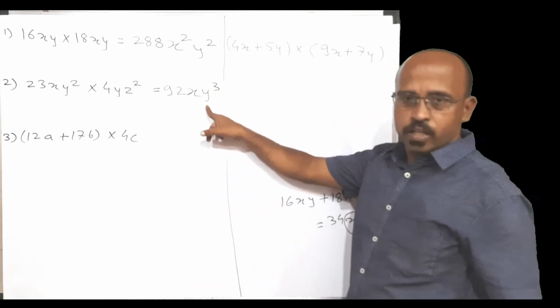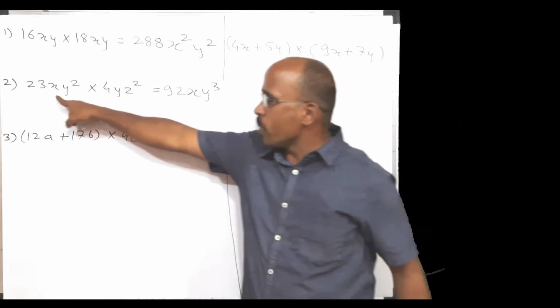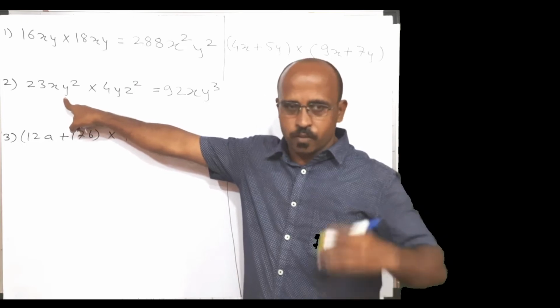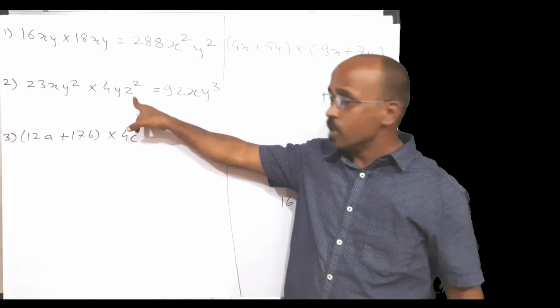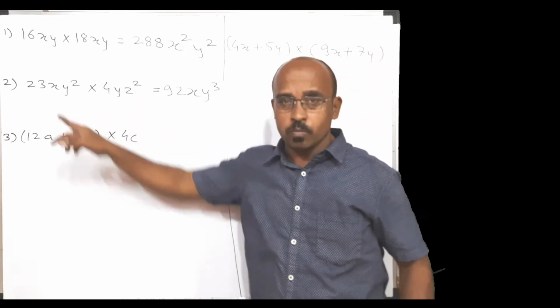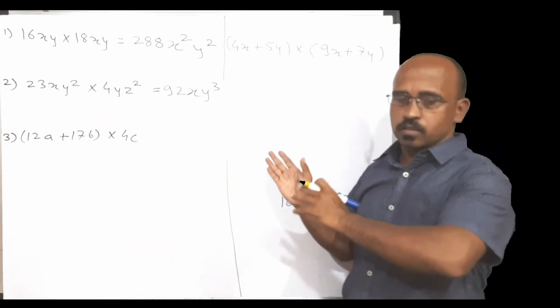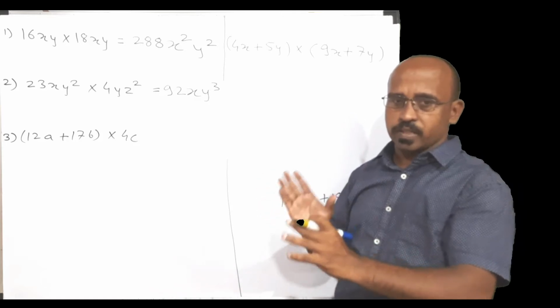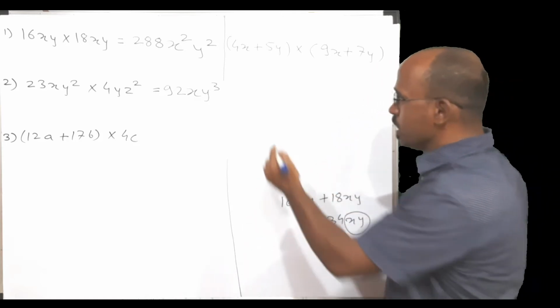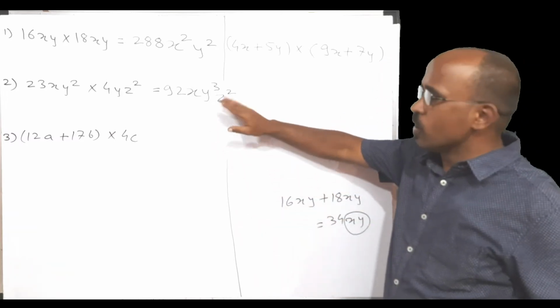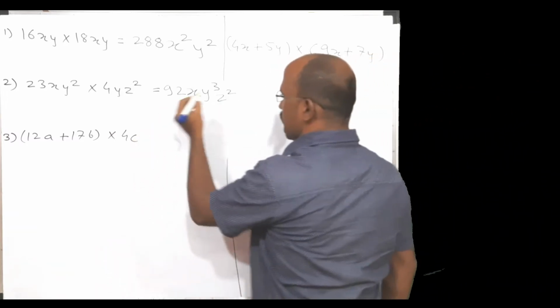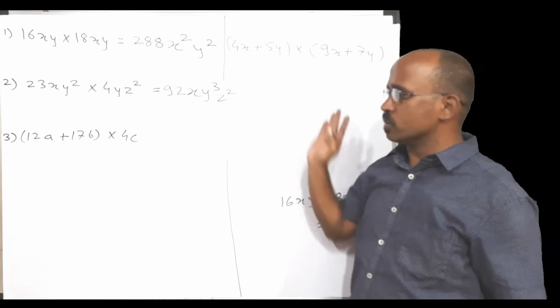So x, y cube. Now all the variables in the first term are finished. In the second term, y is finished, z square remains, but z is not in the first term. So whenever its matching variable is not present, what do we have to do? Write it as it is, z square. Clear, friends? So our answer is equal to 92x y cube z square.